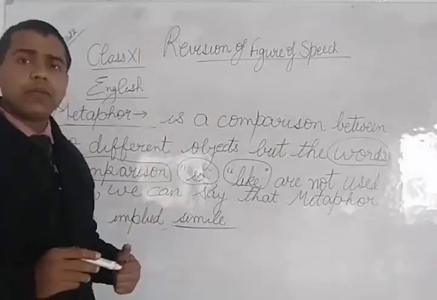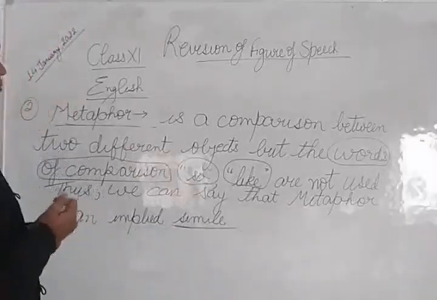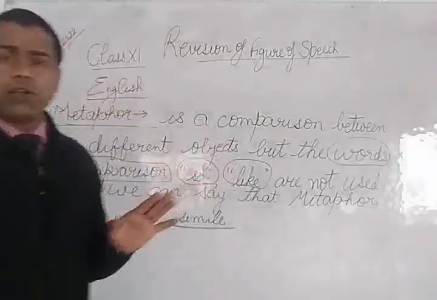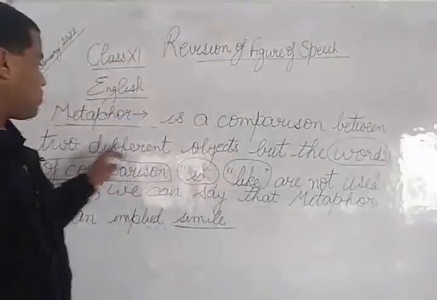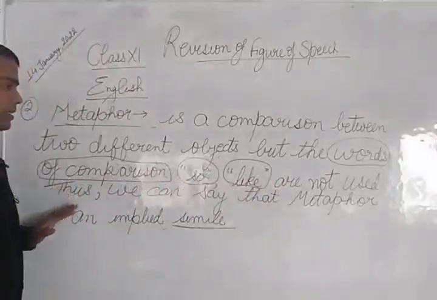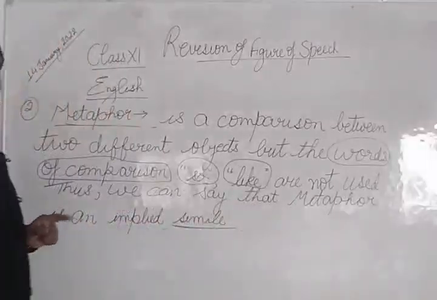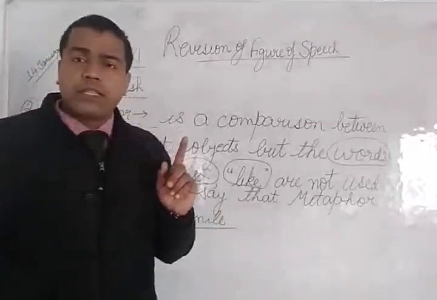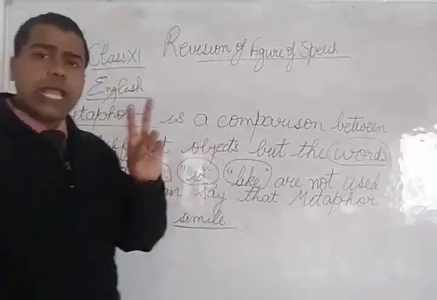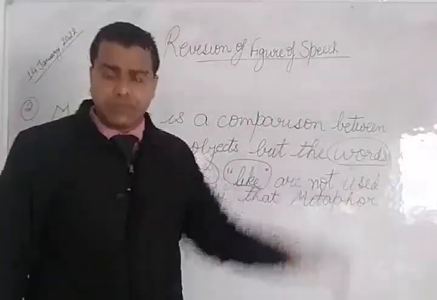This sentence consists of the metaphor figure of speech. Thus we know that metaphor is a comparison between two different objects. In simile also there are two different objects, and in this also two different objects, but the words of comparison, so and like, are not used. Thus, it is said that metaphor is an implied simile.